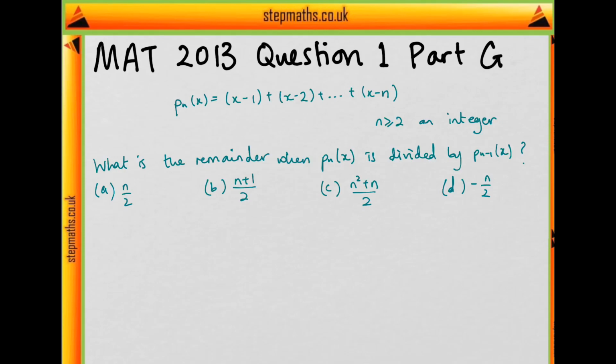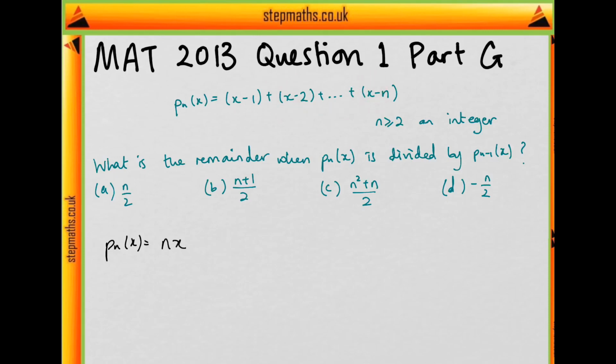It's a good idea to make things as simple as possible before we try working with them. So if we look at what Pn of x is, we can try and simplify this. If I collect all of the x terms and all of the number terms, we're going to have n x's because we're getting one x from each bracket.